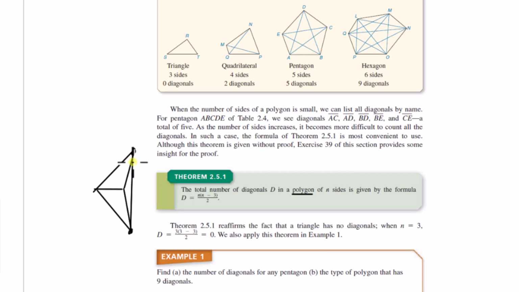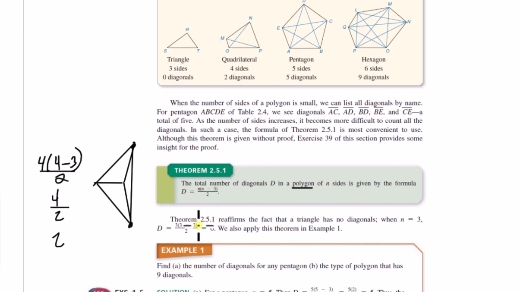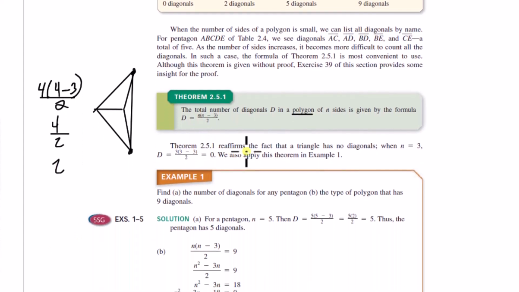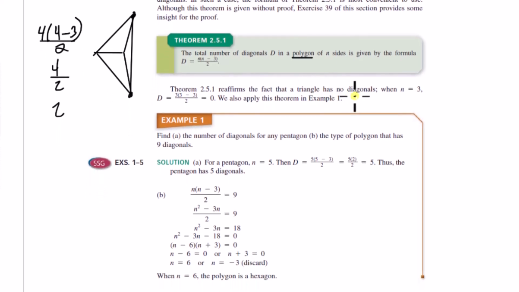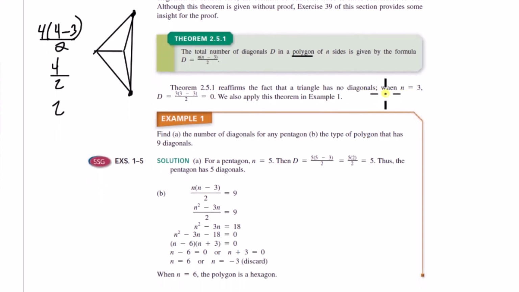A quadrilateral has 2 diagonals because you take the number of sides, 4, times the number of sides minus 3, divided by 2. So that's 4 divided by 2, which is 2 diagonals. Theorem 2.5.1 reaffirms the fact that a triangle has no diagonals. When n is equal to 3, D is equal to 0.